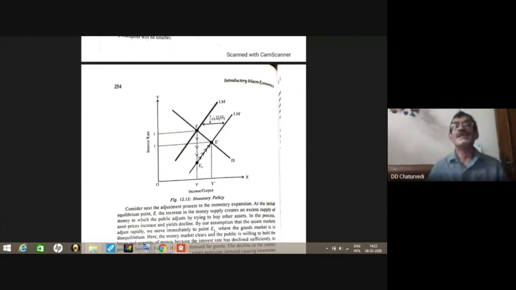So when real money balances rise, there will be a rightward shift in the LM curve, as a result of which the rate of interest will go down and the level of income will come up. And similarly, when real money balances decline, the LM curve will shift to the left.